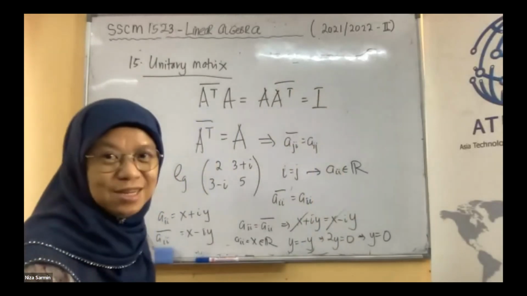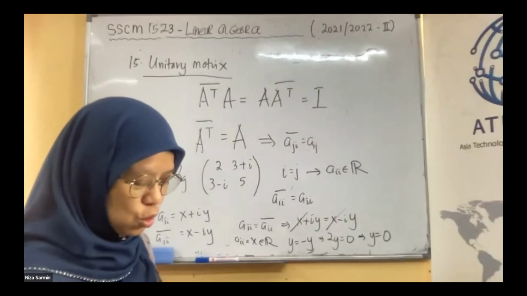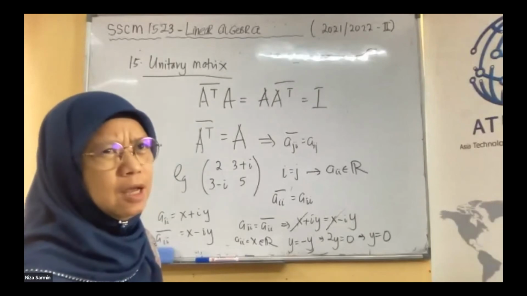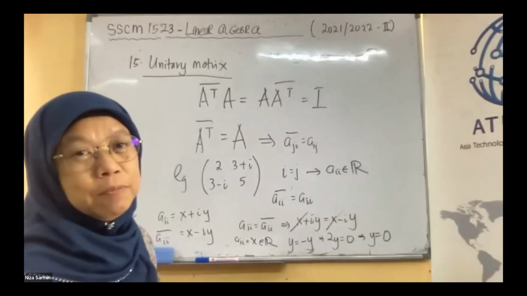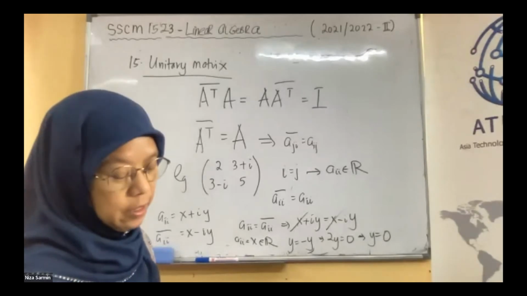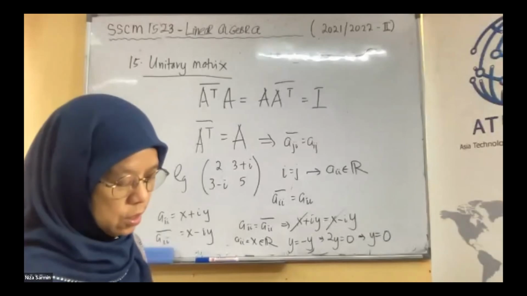Very similar to the orthogonal matrix just now, but if it's complex, it becomes unitary. Hermitian is a little bit like symmetric, but with complex. Unitary is a bit like orthogonal with complex.